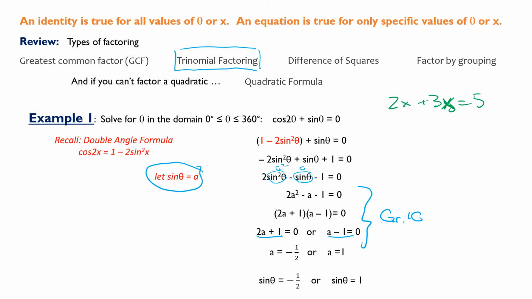So the first one, remember that sine is equal to opposite over hypotenuse, or it's equal to y over r. So I'm looking first at sine theta equals negative 1/2. If I have a negative 1/2 here, I know that the r has to be positive, so the y must be the negative. So my y is a negative 1 and my radius is a 2.